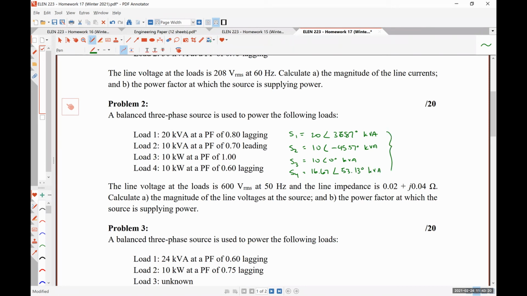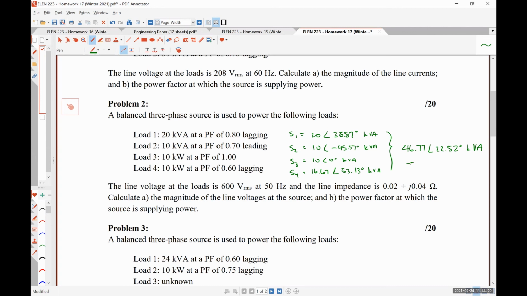Add all these together and tell me what you get. 46.77 with an angle of 22.52 degrees kVA. All right.